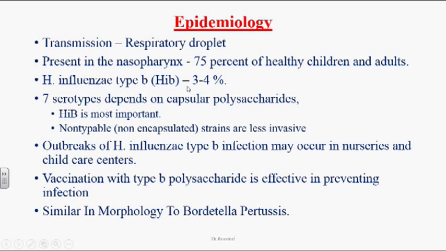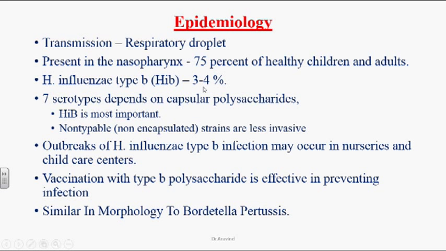So, epidemiology. Transmission of this infection is mainly by the respiratory route, with a higher incidence rate seen in daycare centers and nurseries among lower age group children. The majority of the population will have this organism, especially children and adults. 75% can be seen in nasopharyngeal areas.